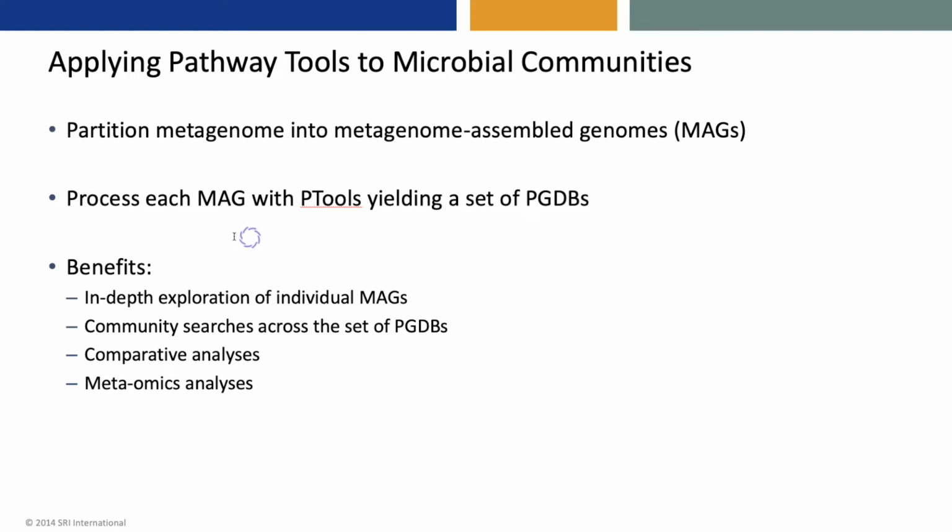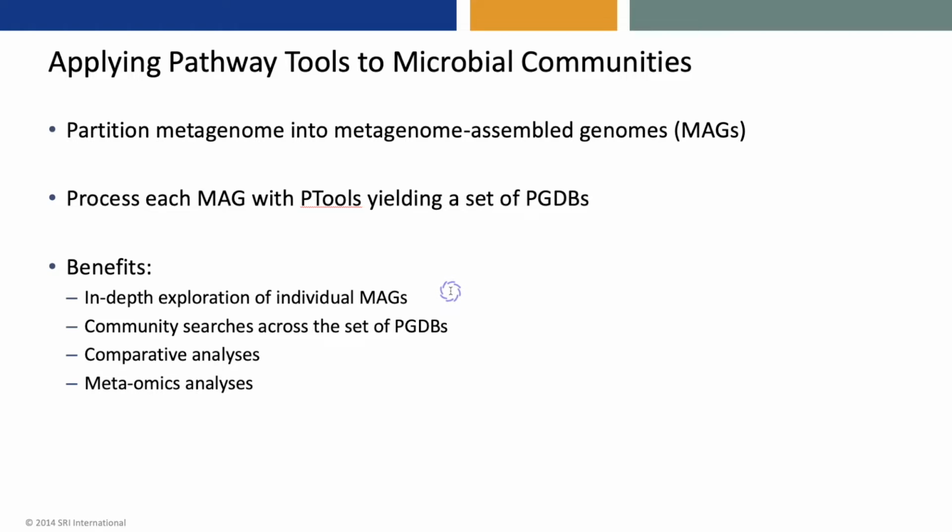Pathway Tools can process each individual MAG, again provided as a GenBank format file or a GFF3 format file, to yield a set of pathway genome databases. And so the same metabolic reconstruction approach that I just described for metagenomes can be applied to MAGs. We yield a set of PGDBs, each database describing one MAG, and there are several benefits overall to this procedure.